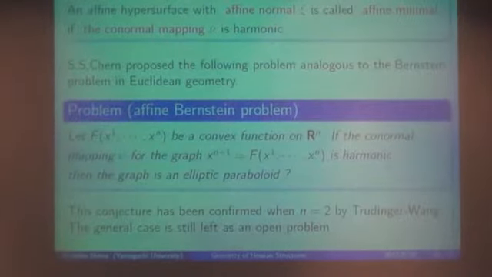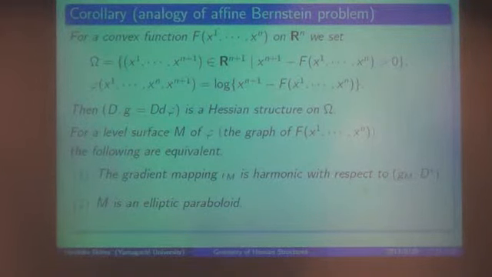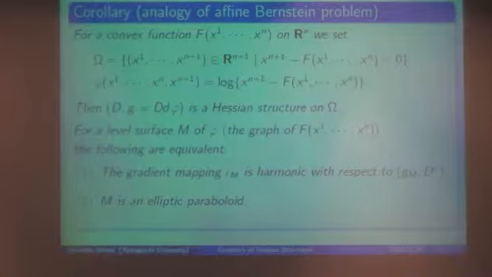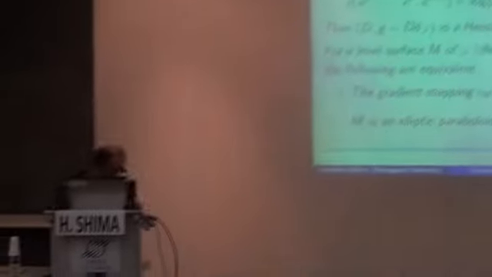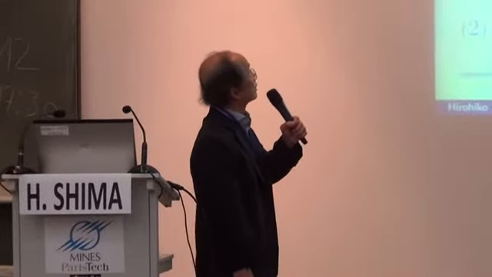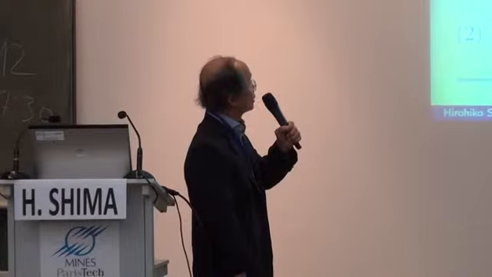Therefore, if we replace the role of the conormal mapping by the gradient mapping ι, we obtain an affirmative answer to the similar problem. An analogy of the affine Bernstein problem.